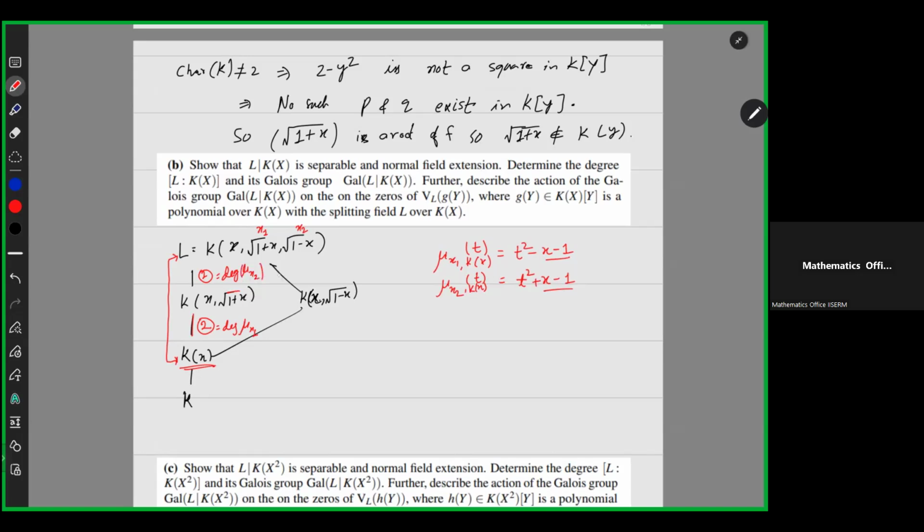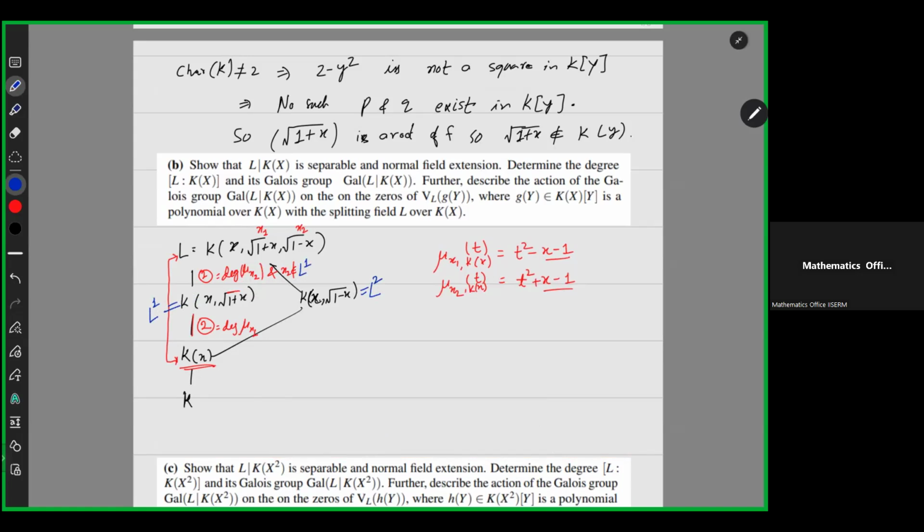Let me also denote this notation. This is, let's say, L1, this is L2. Good.